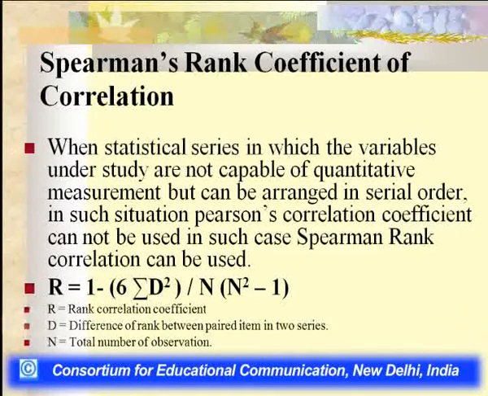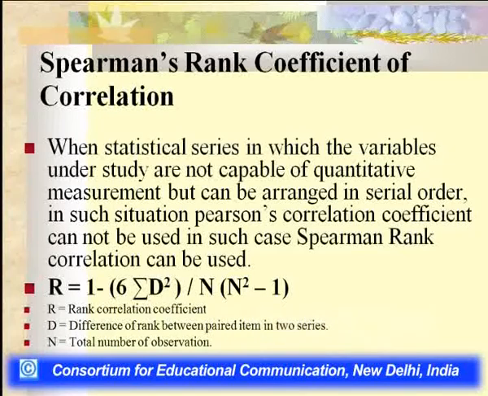When the statistical series in which the variables under study are not capable of quantitative measurement but can be explained in a serial order, in such a situation Pearson's correlation coefficient cannot be used, and the Spearman rank correlation can be used. R is equal to 1 minus 6 sigma d square upon n square minus n. R is the rank correlation coefficient, d is the difference of ranks between the paired items of the two series, and n is the number of observations.